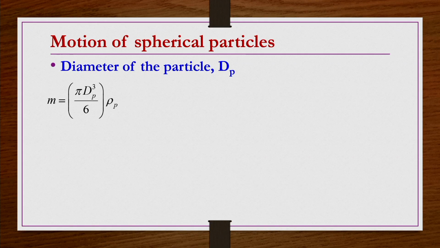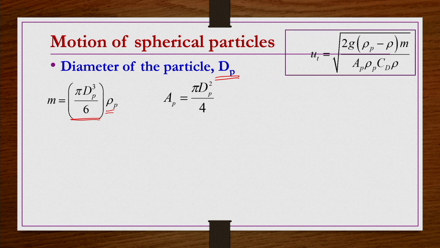If the diameter of the spherical particle is dp, then pi dp cube by 6 is the volume of that particle. If you multiply it by rho p, you get the mass of the particle. The projected area for a spherical particle is pi dp square by 4.